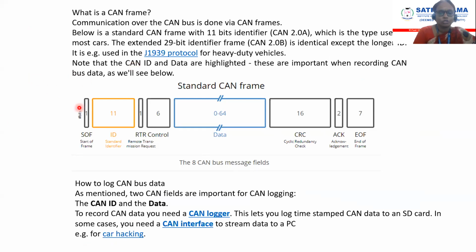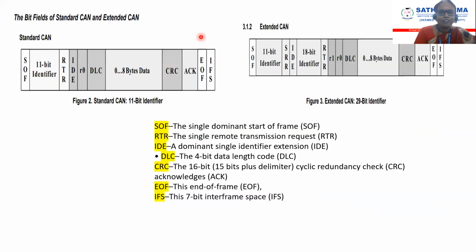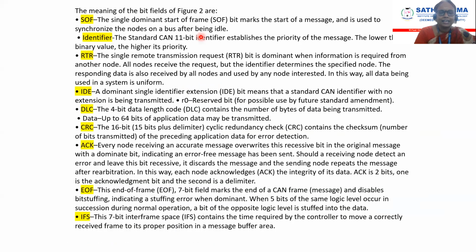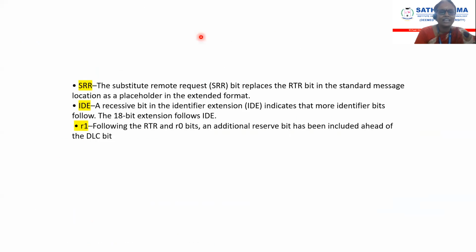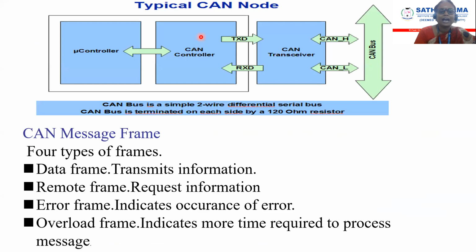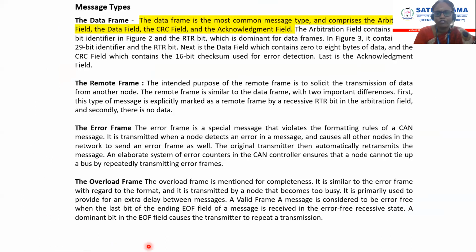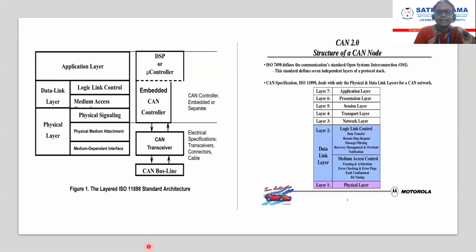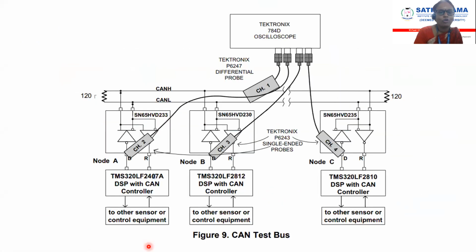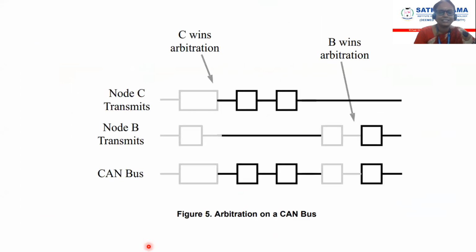They will ask, so this diagram is very important. In data format we have two things: basic and extended CAN. Then you have to explain what fields it contains. In typical CAN mode, we have four kinds of frames: data frame, remote frame, error frame, and overload frame. The detailed diagram is not necessary, leave it.